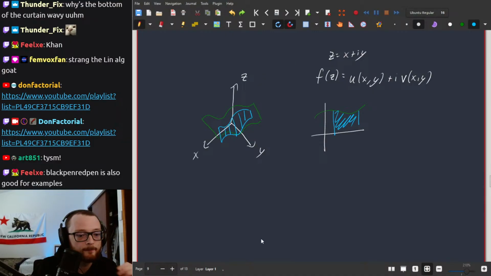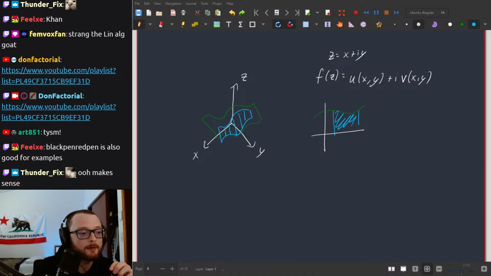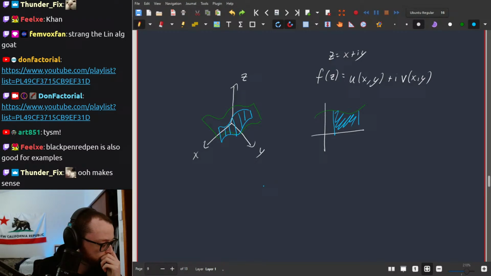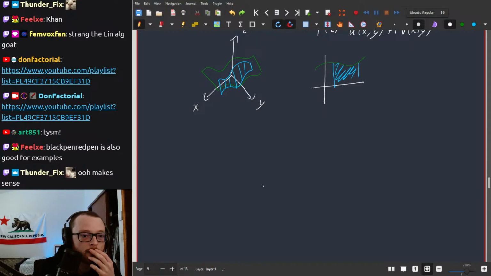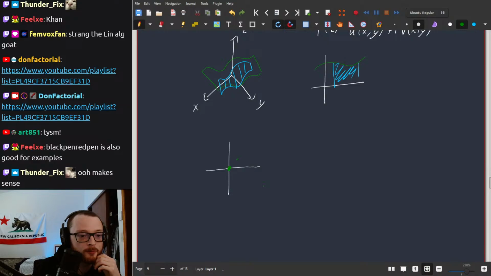So yeah, it could represent the path of a particle as it travels through something. A physics example would be if you have a positive charge at the origin.